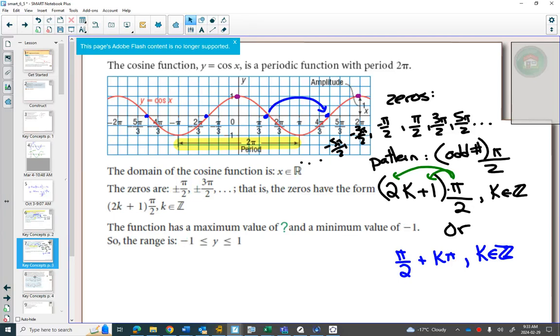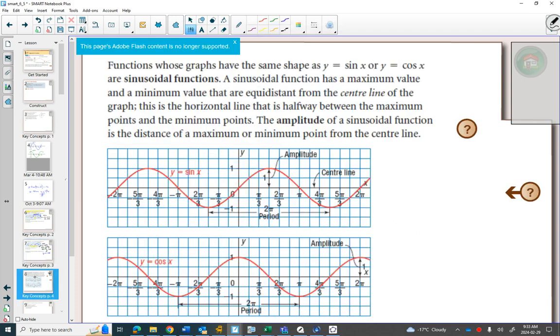One last thing to highlight before we go is the definition of amplitude, which they have at the bottom of page, or in the middle of page 515.